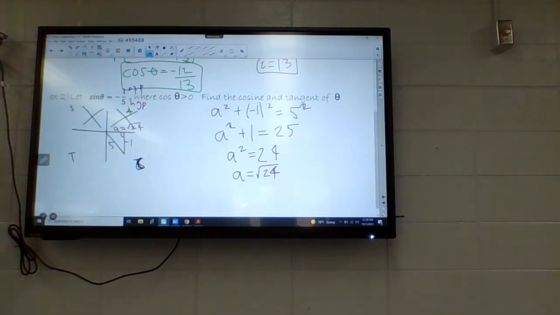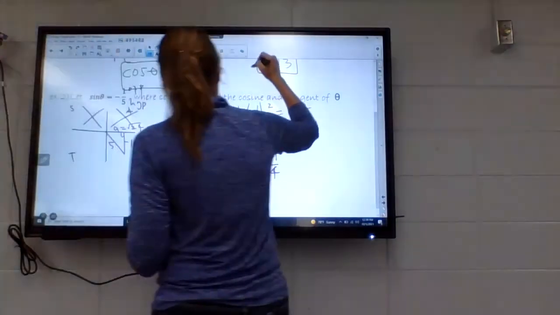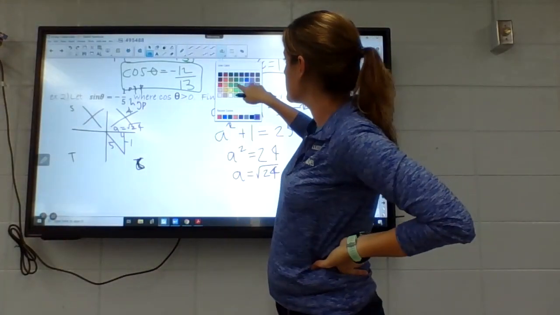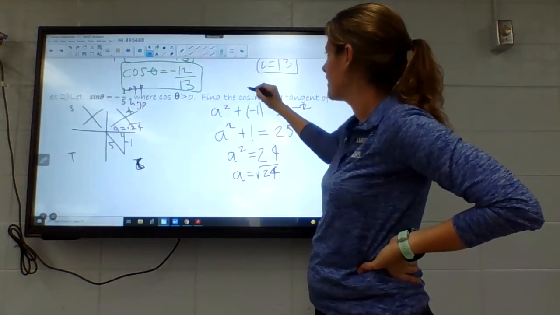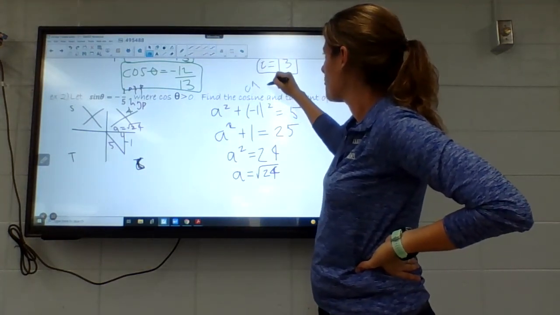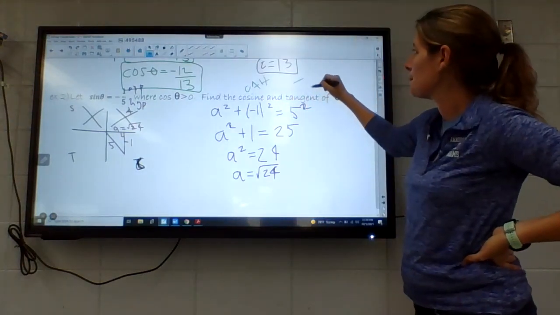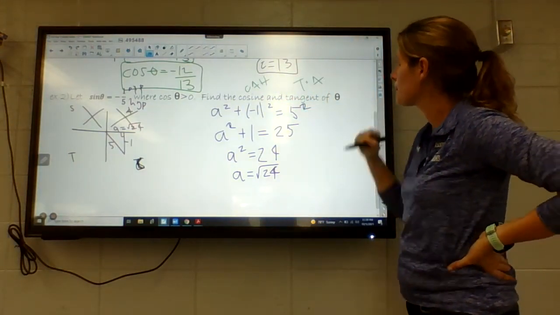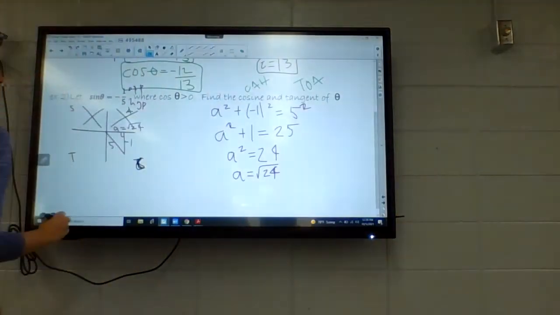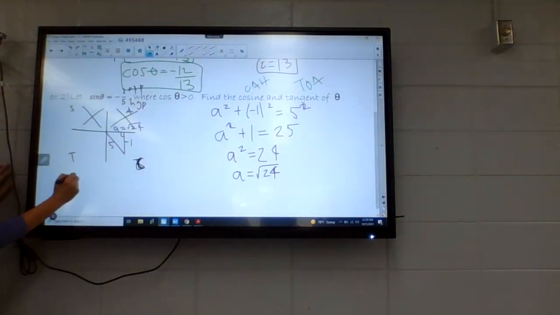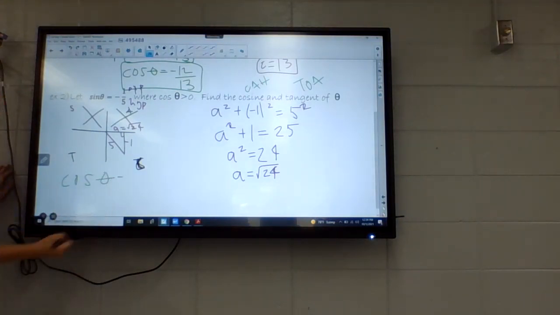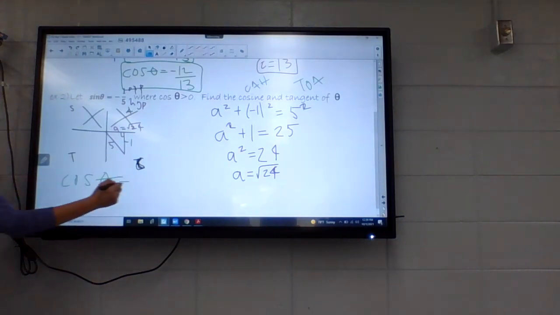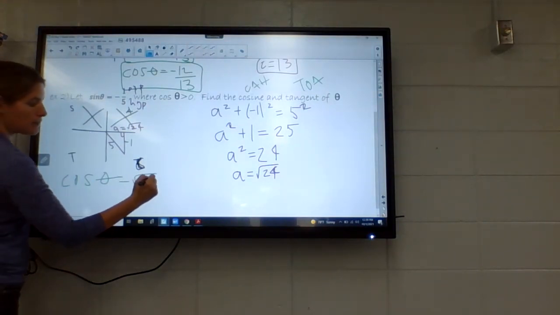Now I could use cosine and tangent. Cosine is CAH, tangent is TOA. So cosine of theta is adjacent over hypotenuse, so square root of 24 over 5.